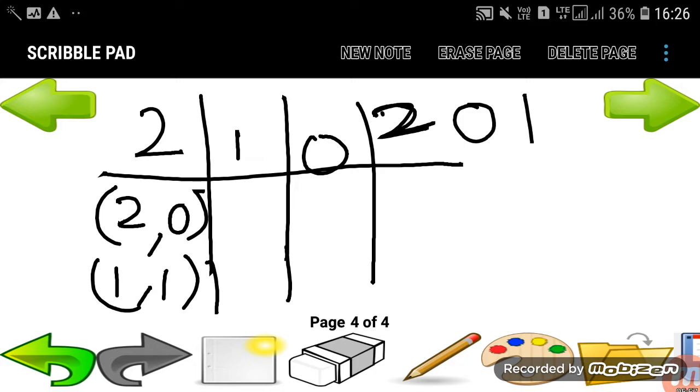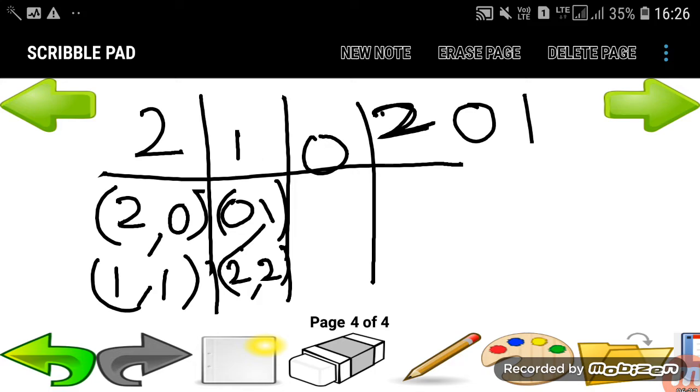There are no other possible ways than this. Now let's go for 1. For 1 it is 0 comma 1. Let's see any other possibility. 0 comma 1, 1 comma 0, 2 comma 2 is there, so we will go for 2 comma 2 also, because 2 plus 2 is 4, and 4 mod 3 is again 1.